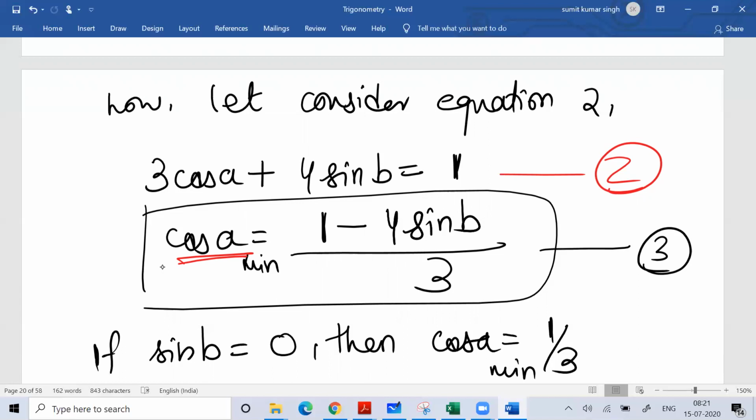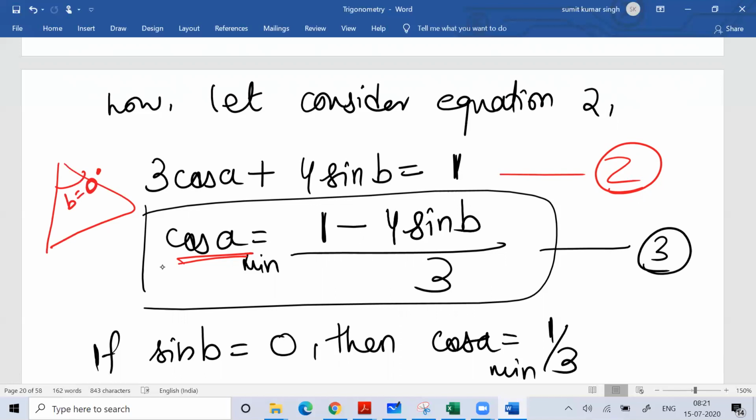For the minimum value of sin B, I can put 0. In order to simplify this expression, suppose I put sin B equal to 0, that is, I consider angle B as 0 degree.